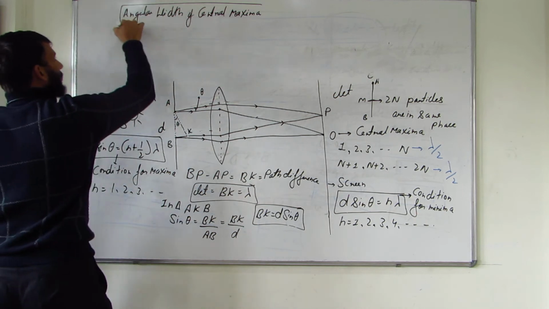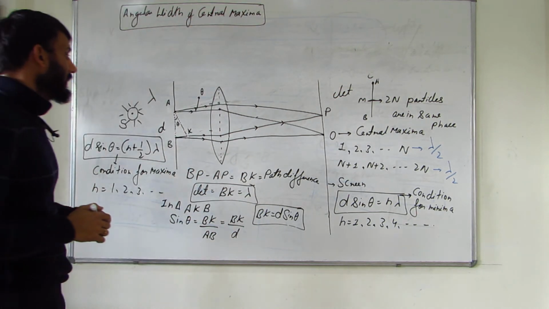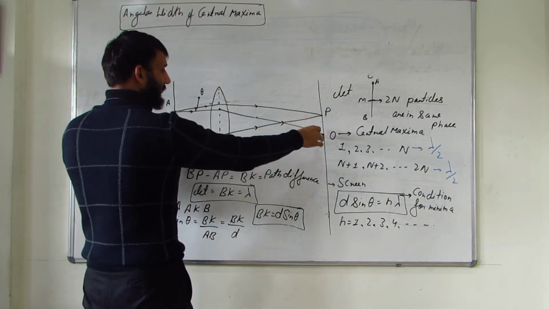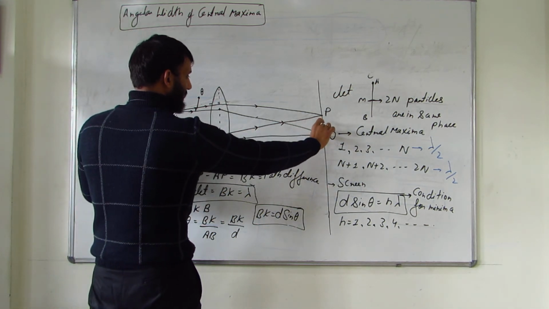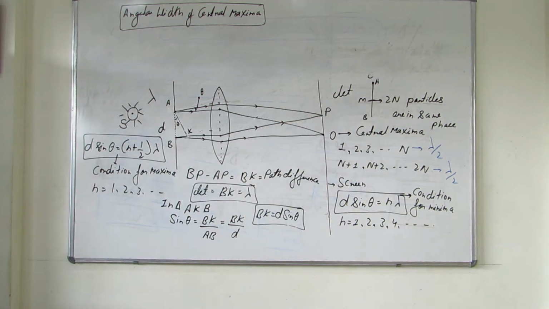I am trying to calculate how much this central maxima spreads out in the above region. If I do that, then I will multiply it by 2 and then I can easily calculate it, right?